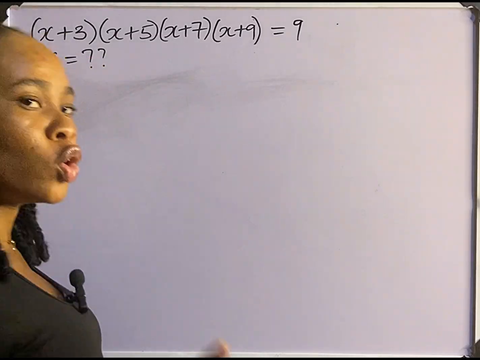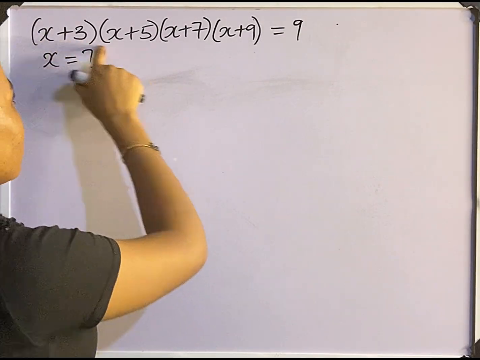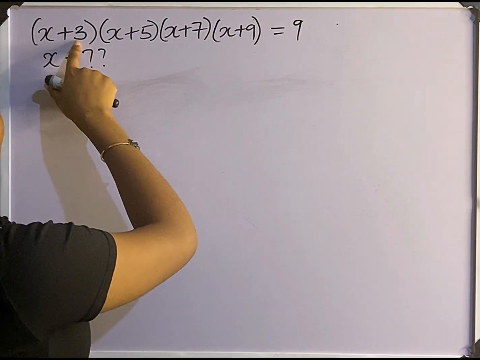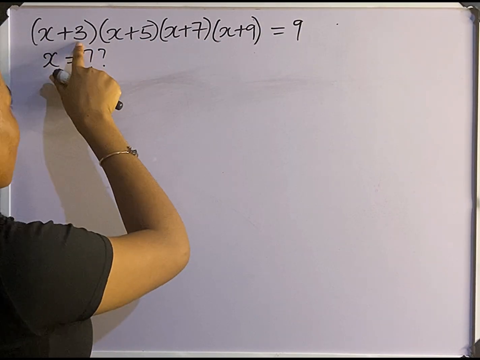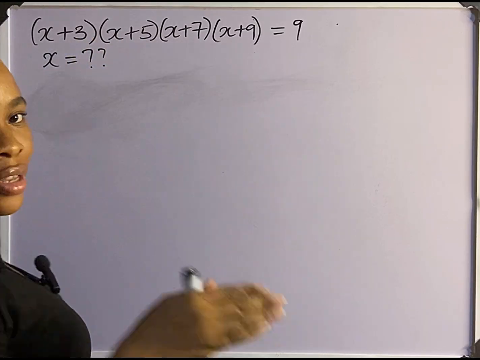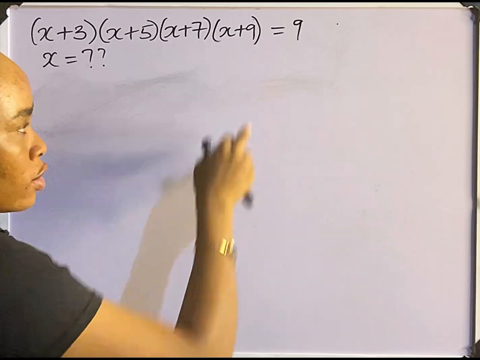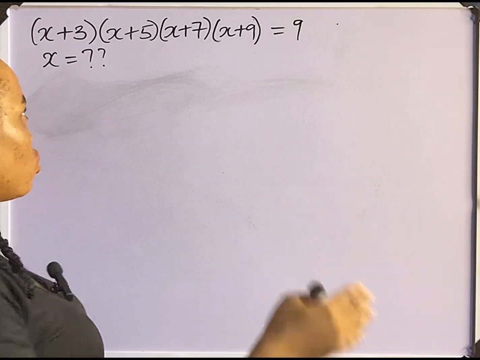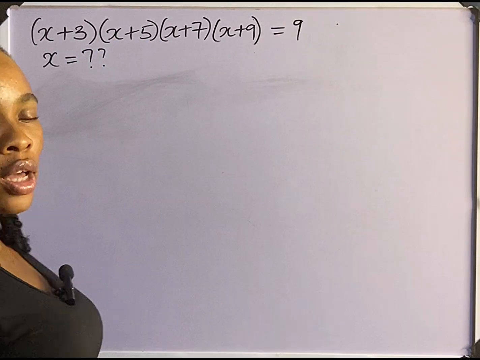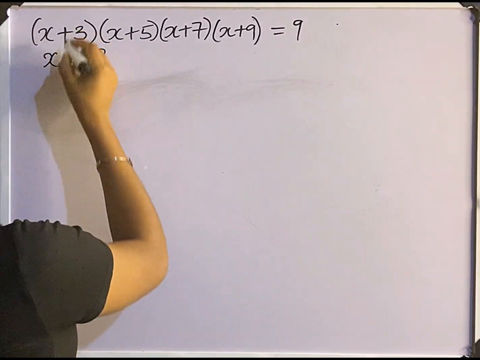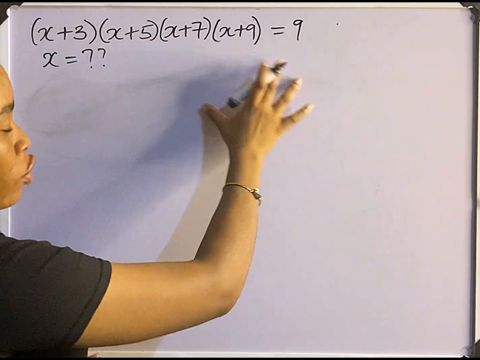If you look closely at these factors, you will see that the constants are in an arithmetic sequence: 3, 5, 7, 9, with a difference of 2. What I'm going to do is find the average of the constants.